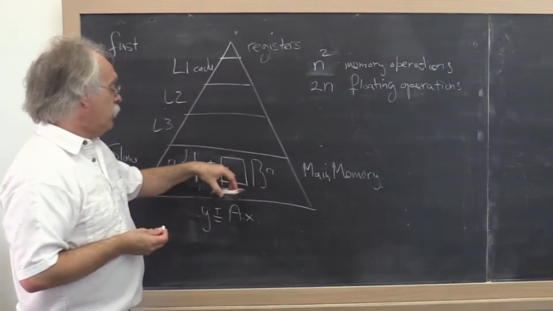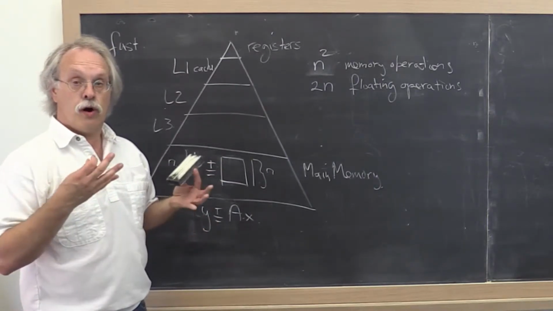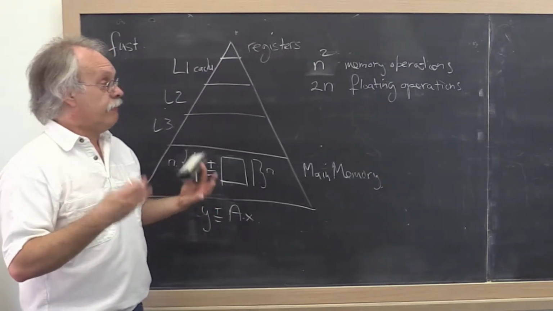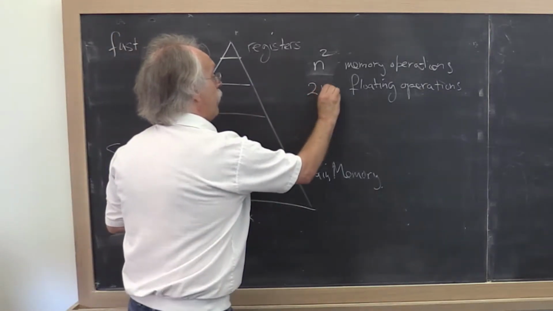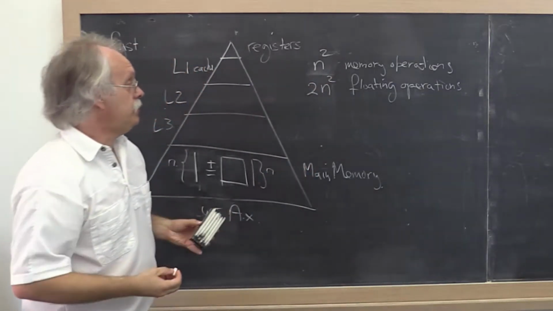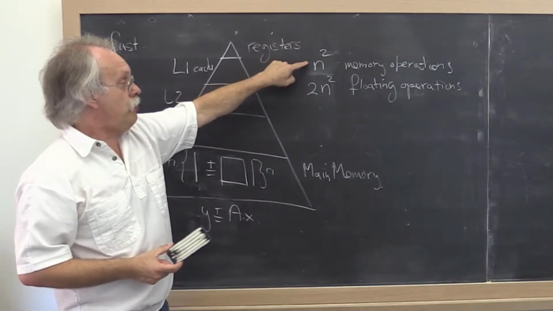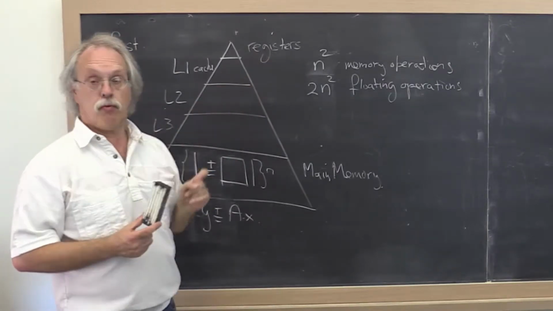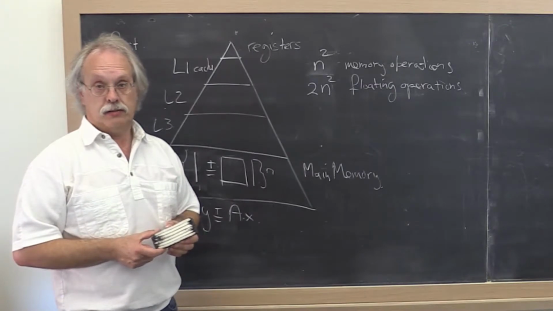And every entry in the matrix is used for a multiply and an add. If we count those separately as floating point operations, then inherently we end up doing two n squared floating point operations. And notice that we're still doing one memory operation for every two floating point operations. And again, if memory operations are extraordinarily slow, we still haven't come out ahead.